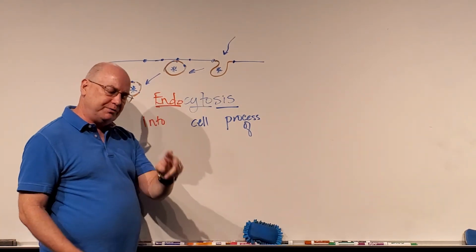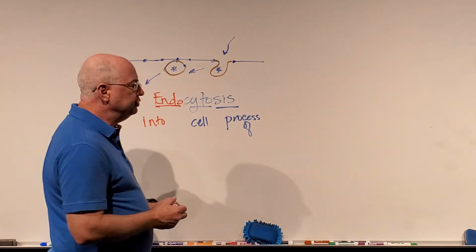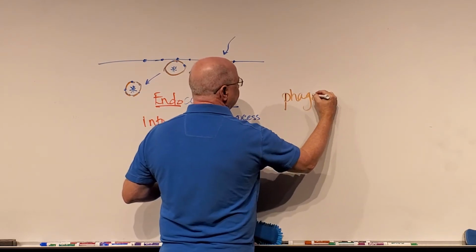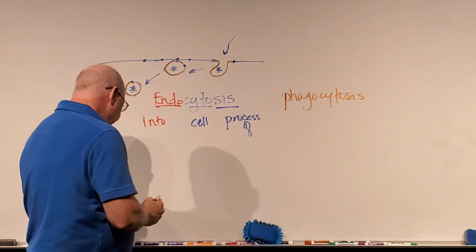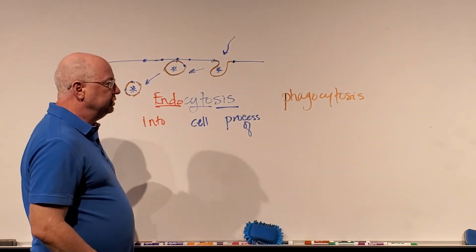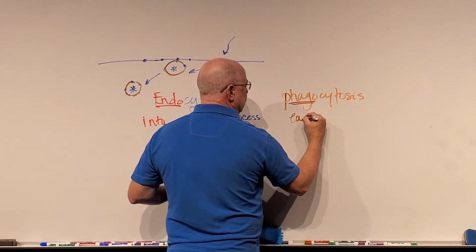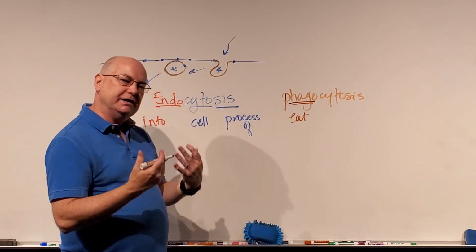Endocytosis has two separate forms. And these terms get thrown around and you should know them. One is called phagocytosis. Now, I never really liked this definition, but it gets used. Phage means to eat. So phagocytosis is the process of the cell eating.